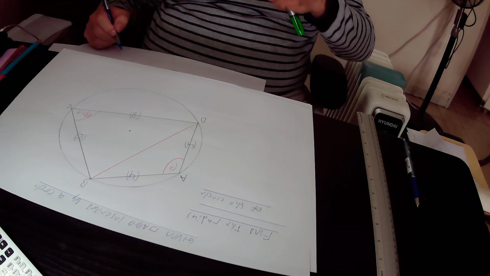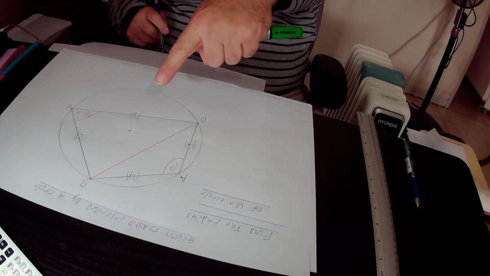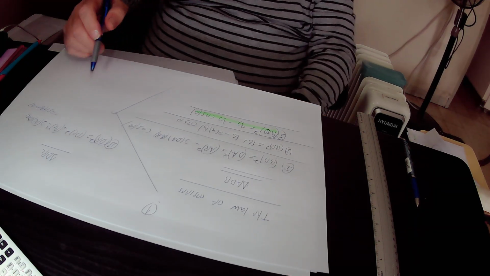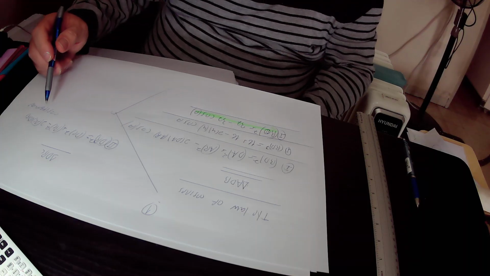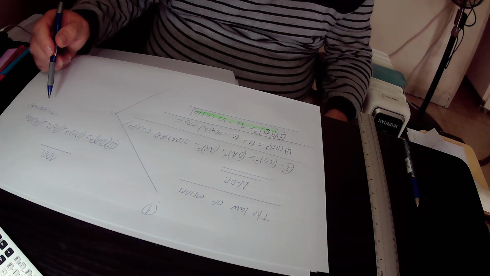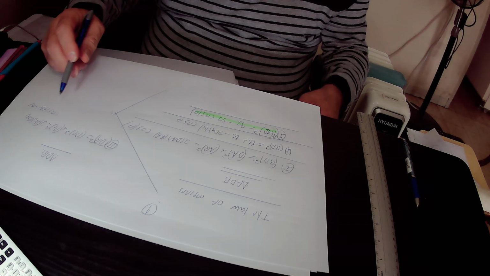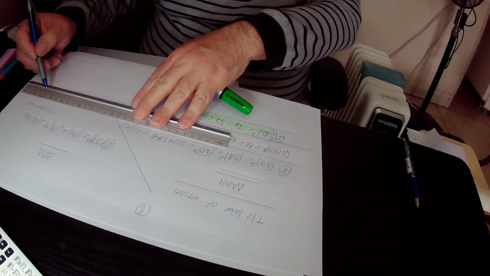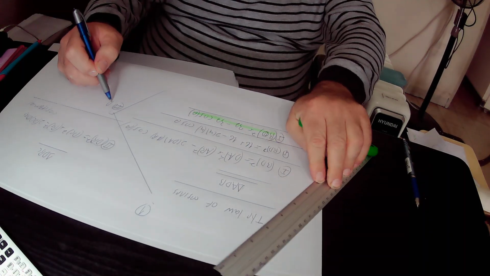And again, according to the law of cosines in triangle DBC, the following equation is true. DB square equals to DC square plus BC square minus 2 times DC times DB times cosine 180 degrees minus theta.